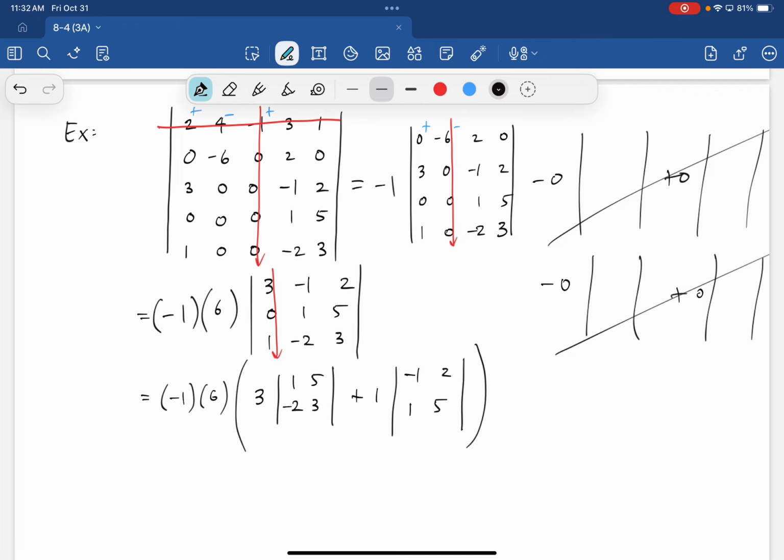Got it? So this time I expanded via the first column. Does it always have to be the first row? No, you could expand via any column you wanted to. It's a plus 1 because now this is in the plus minus plus position, so both 3 and 1 are positive. They don't change sign.